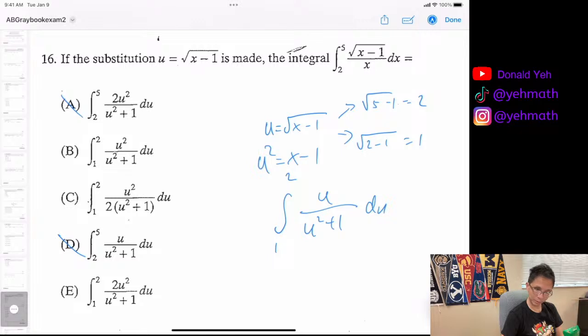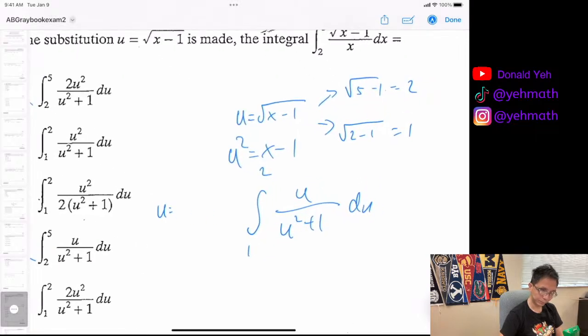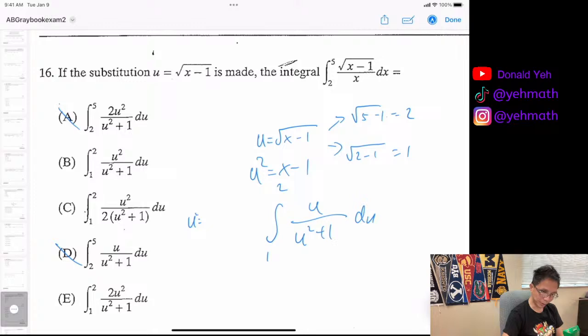Wait, how come I don't have the option? u squared plus 1, and then the top part is u. Oh, I have to do du as well. Sorry. So u squared equals x minus 1, because I cannot convert this to u yet.